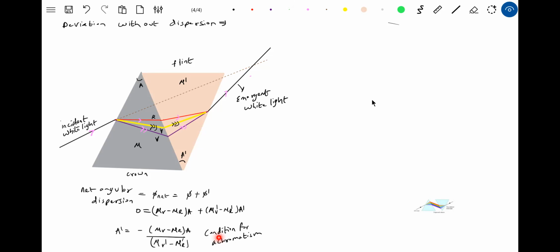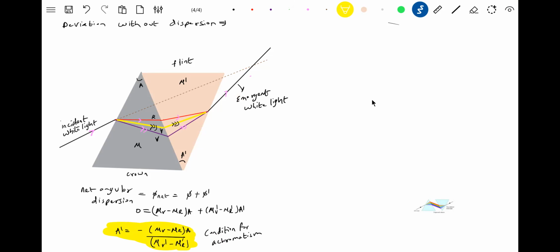Achromatism means there should not be any color in the emergent ray. So it has to satisfy this basic idea. For achromatism, if you don't want any spreading of light, splitting up of chromatic light, then it has to satisfy this condition.